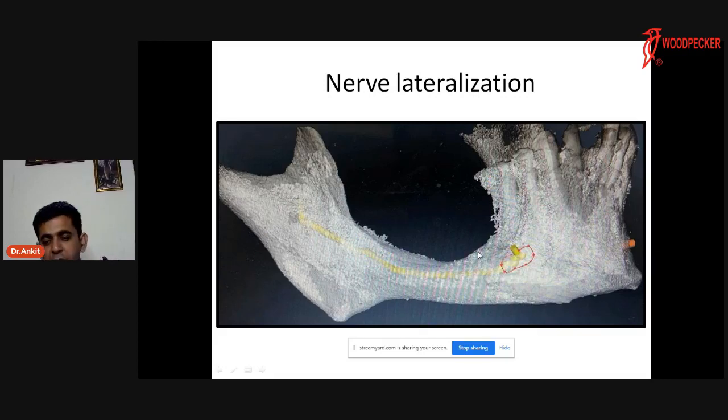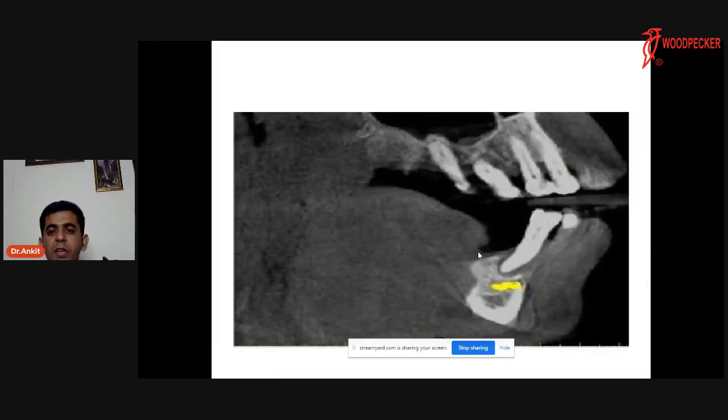But when we did a scan, what we appreciated is that the placement of the implant would not have been possible as the nerve is very much in close proximity with the alveolar crest. That is, only 2 to 3 mm approximation was there.